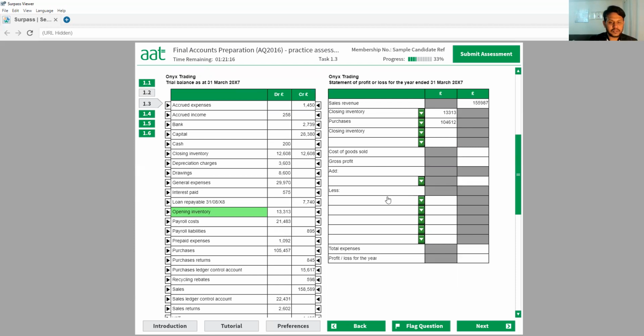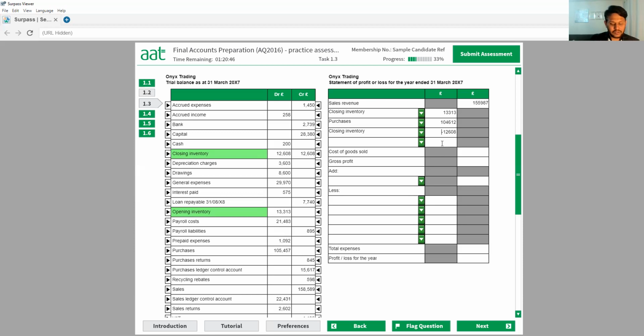Then the closing inventory, that's our closing inventory, 12,608. Remember that if it is something negative, you have to put the minus sign, because it is opening inventory plus purchase minus closing inventory. If it is plus, you don't have to do anything. But if it's minus, you have to show the minus. Remember that. You can use the bracket sign. There is no problem for that.